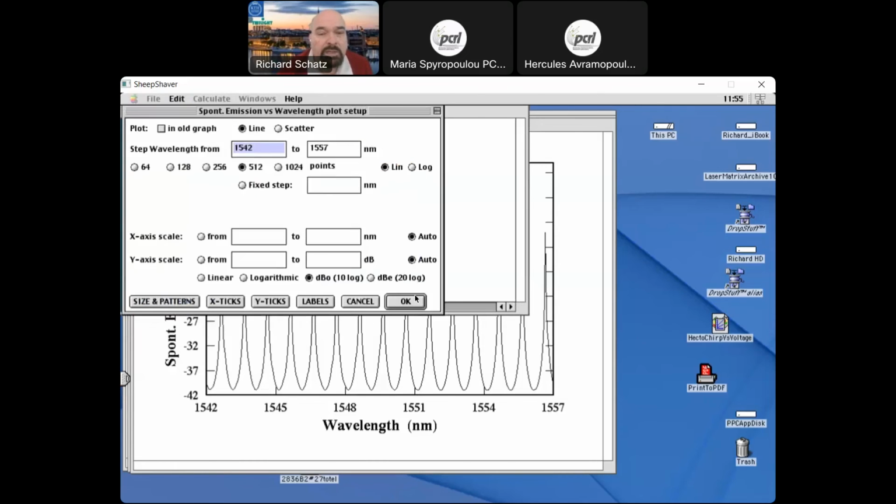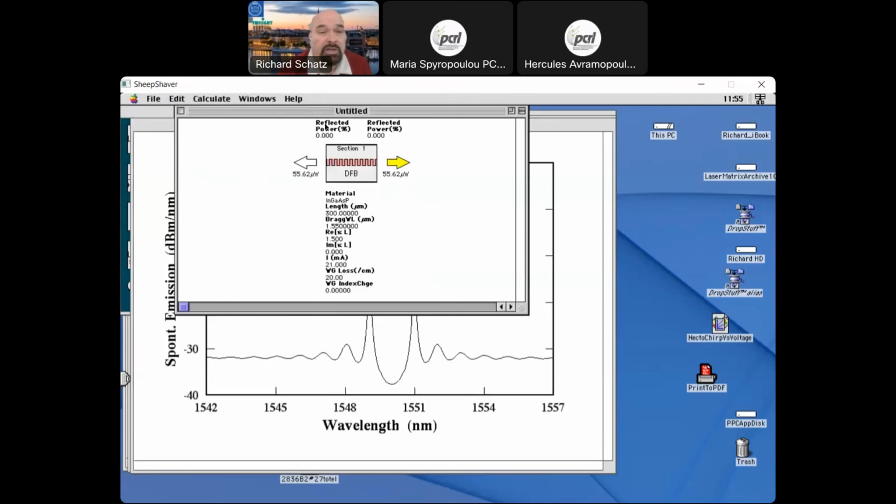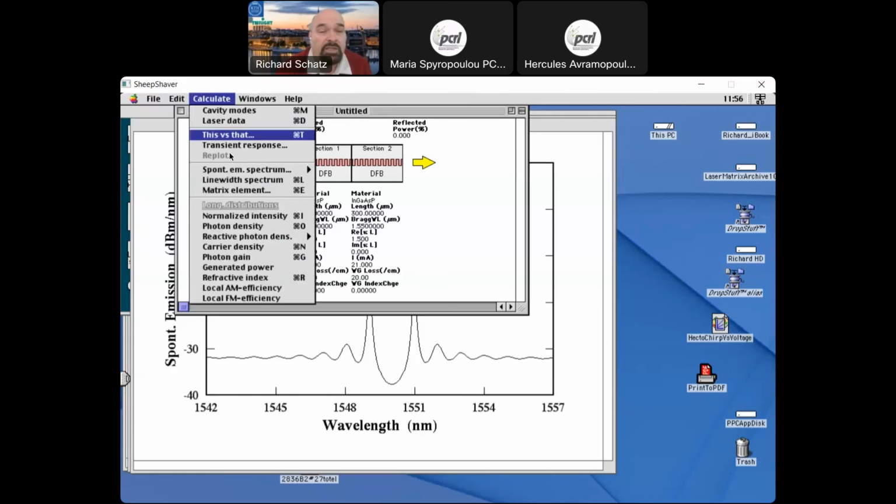So then we look at the spectrum here, and we see it lases on 2 wavelengths here. And that is what I said, it's because the phase condition is not fulfilled. In order to understand this, we can divide this laser into 2 parts and look from the middle. So I will just copy here and divide it into 2 parts. And then we can look at how the reflectivity of these 2 gratings looks.